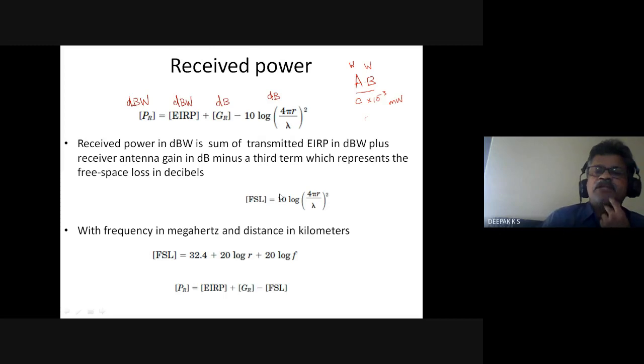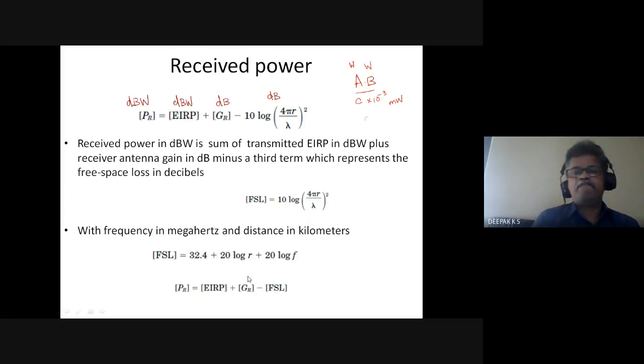So here, if you convert this lambda into frequency, c by lambda, you will get a constant, and that constant you can calculate as 32.4 plus 20 log f plus 20 log r, since r square is there.